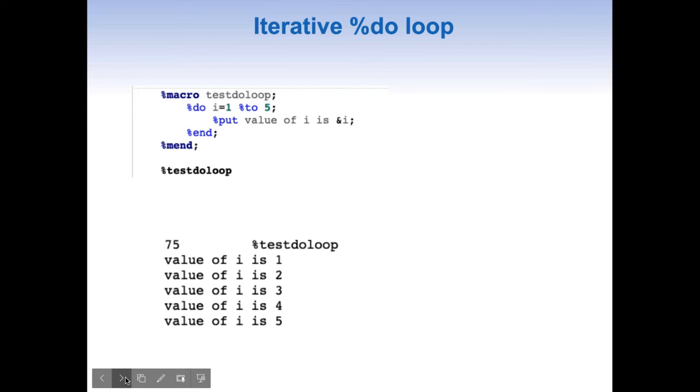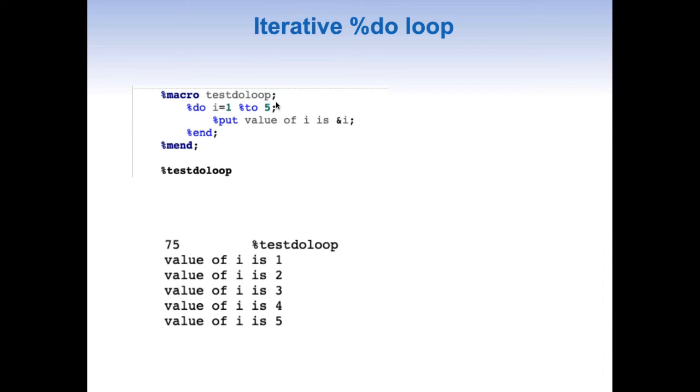%do loop is also very similar to what we have seen in a regular simple do loop. Iterative %do loop is very similar to what we see in our data step do loop. It starts with %do i = 1 %to 5.